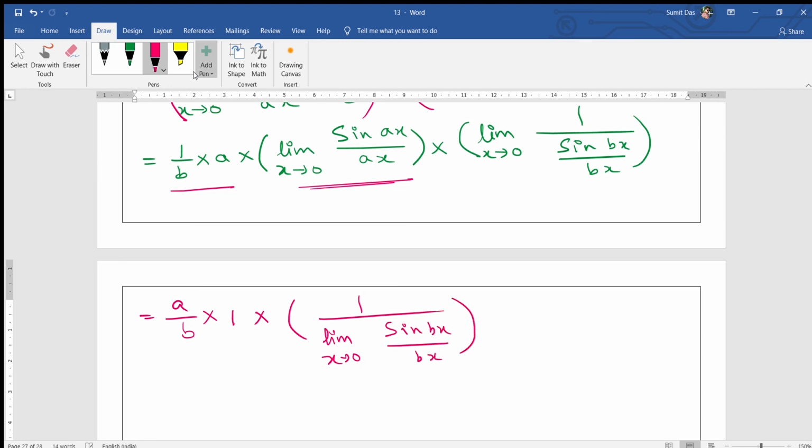Why am I not writing a limit on the numerator? Because in the numerator there is no x, so we don't need to write a limit on the numerator. So here a by b into 1 into 1 by 1, this denominator will be 1, so the ultimate answer is a by b.